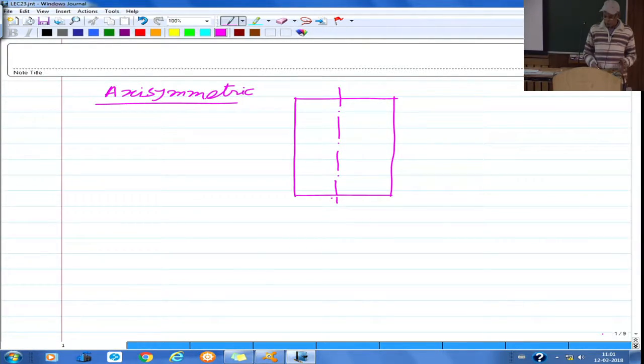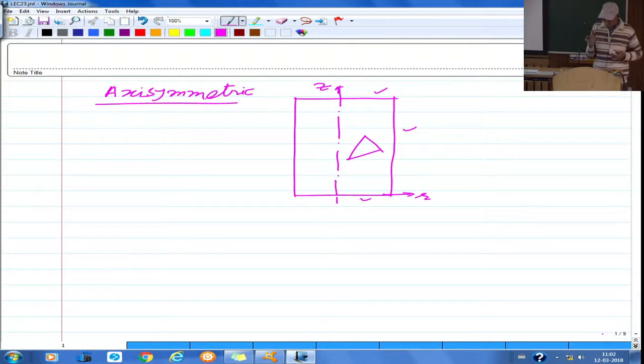Maybe it is a solid mechanics problem, or let us say a heat conduction problem, with certain boundary conditions along the curved surface and the ends, and temperature is a function of R and Z both. Let us say this is my R direction and this is Z direction. To formulate the problem, you can always use triangular elements and discretize the whole domain into a number of triangles. Exactly, you can formulate in a similar fashion.